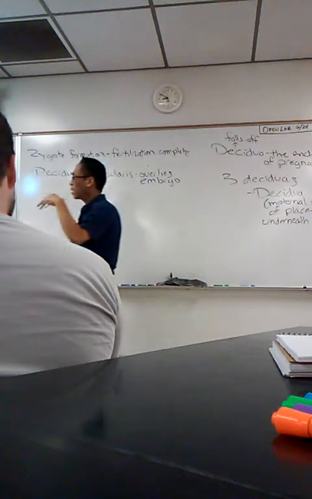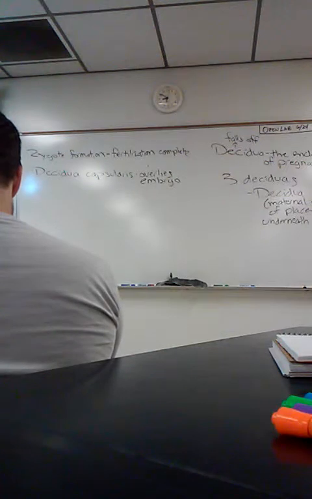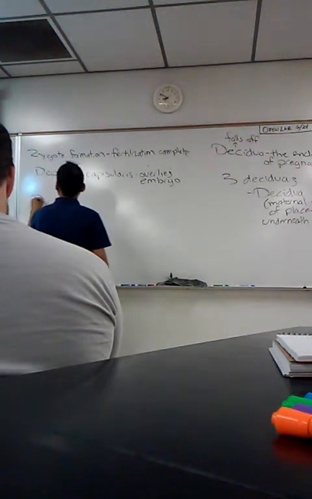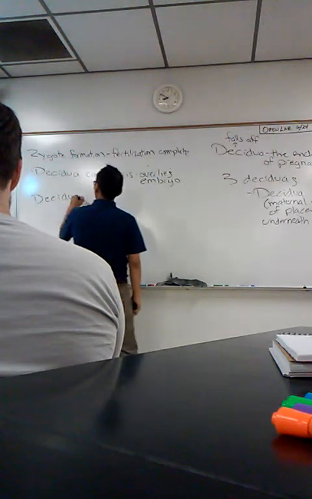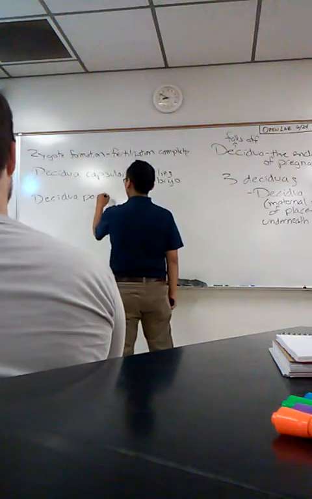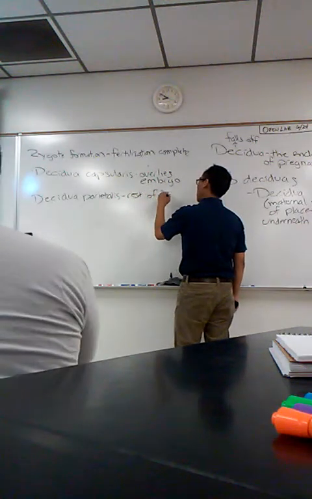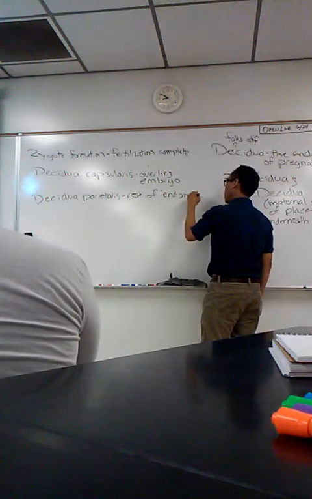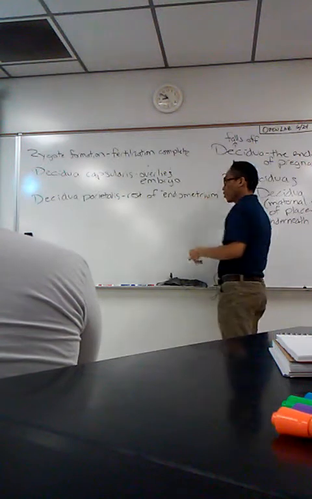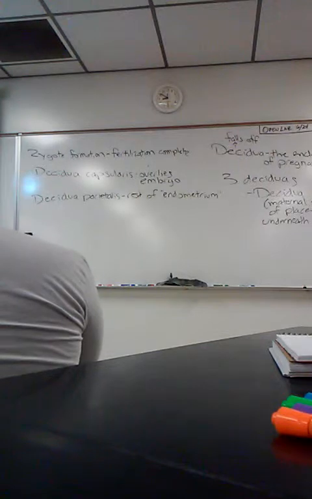The decidua parietalis is simply the rest of the endometrium. I put endometrium in quotes because technically we call it decidua now. It's just the rest of the lining. And it'll become more clear as we get a lot more development.